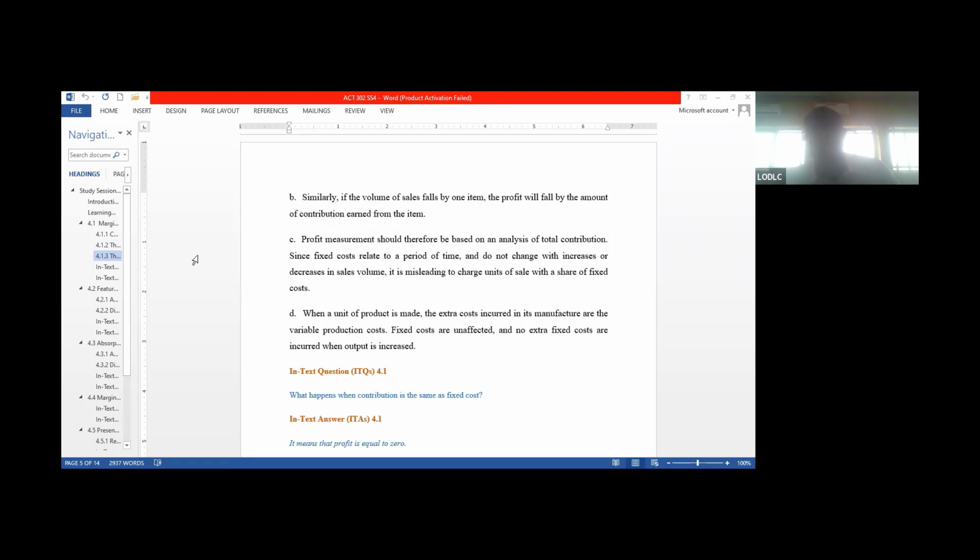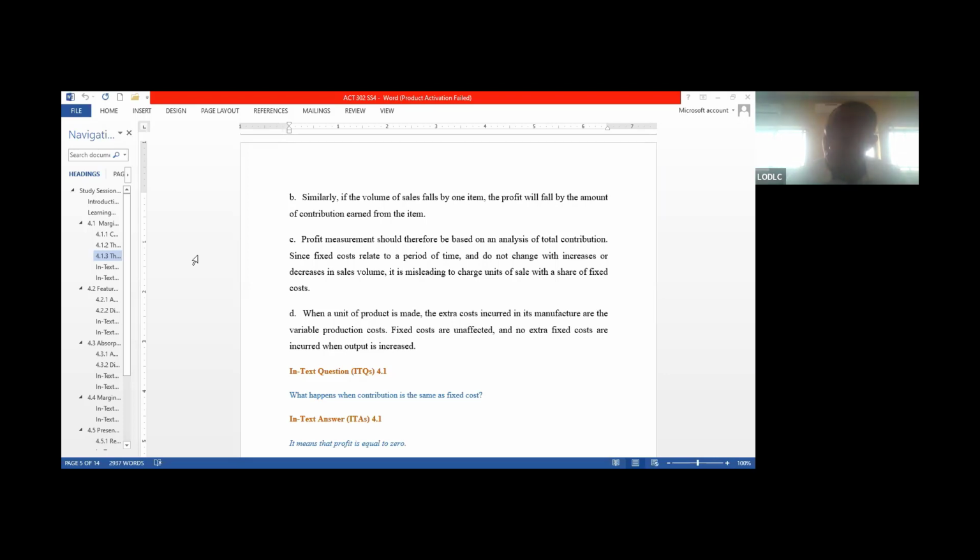That is why you cannot separate contribution from profit. So profit measurement should therefore be based on an analysis of total contribution. Since fixed cost is related to a period of time and does not change with increase or decrease in sales volume, it is misleading to charge units of sales with a share of fixed costs.